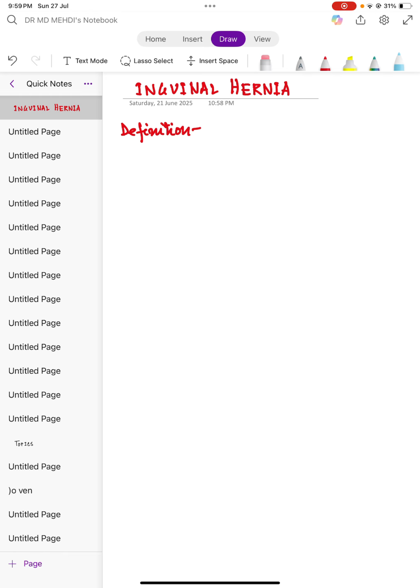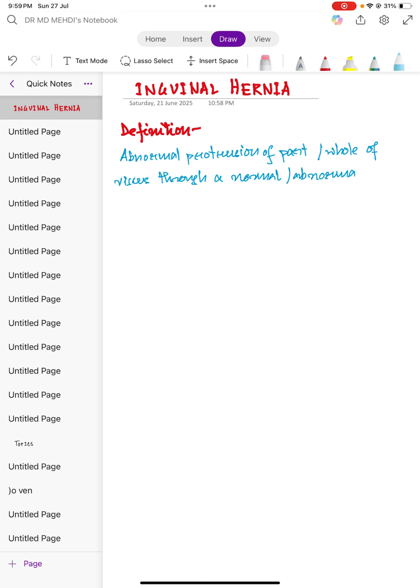The definition is: it is the abnormal protrusion of part or whole of a viscus through a normal or an abnormal opening through the wall of the cavity that contains it.